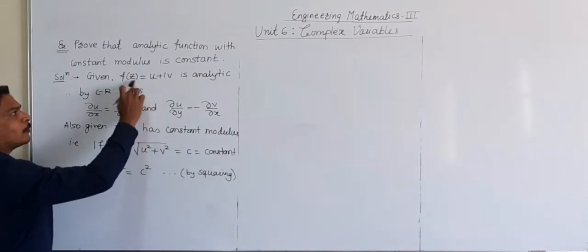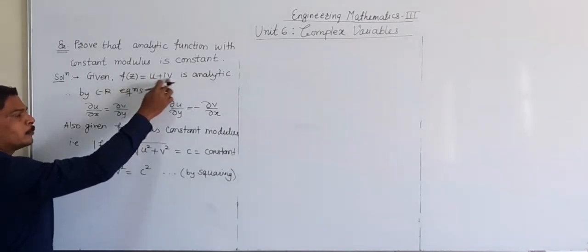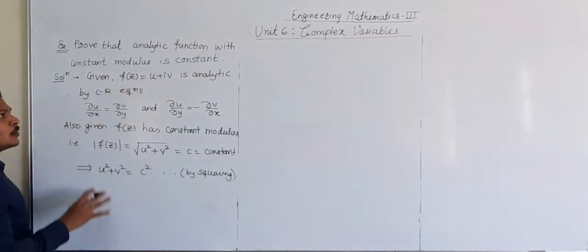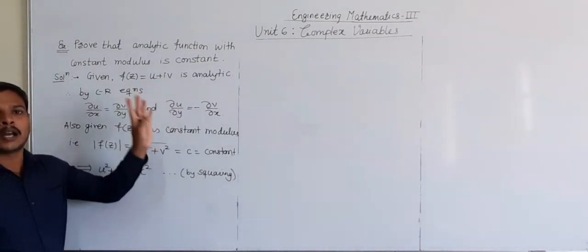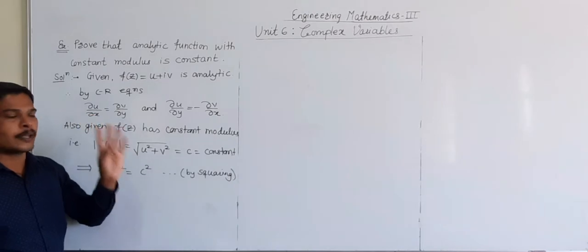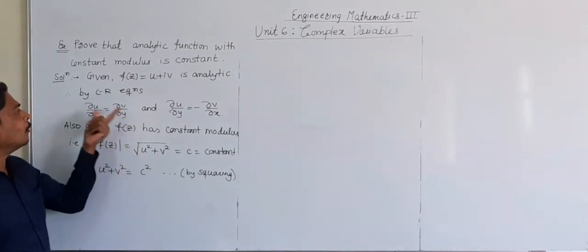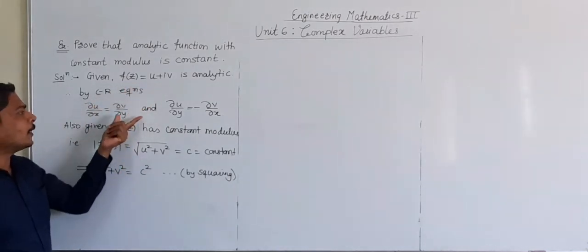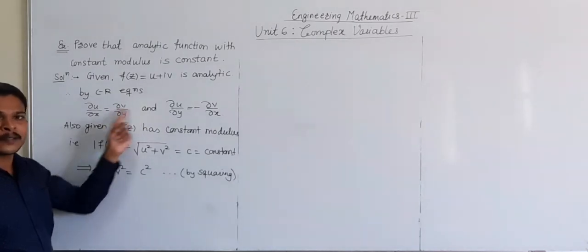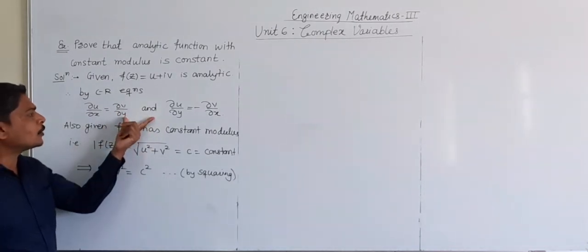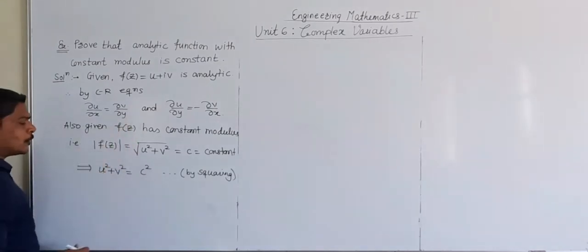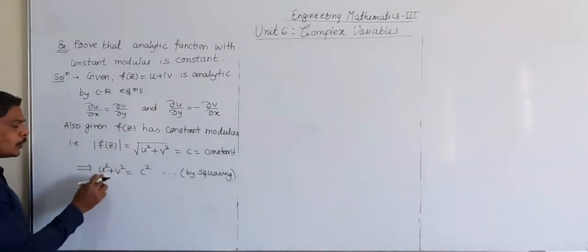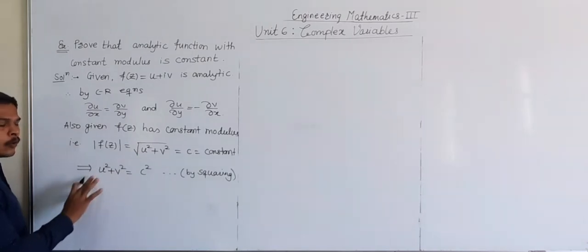So our target is to show that u and v are constant functions. And what do we have? We have that this function is analytic, so it satisfies CR conditions. These conditions are in our hand. So using these conditions, we are trying to show that u and v are constant.